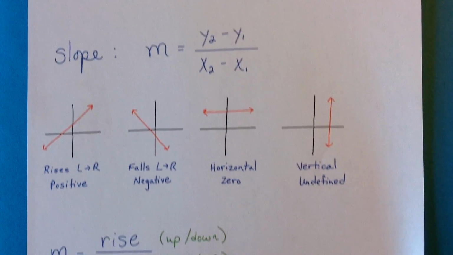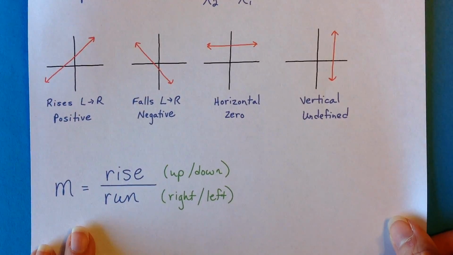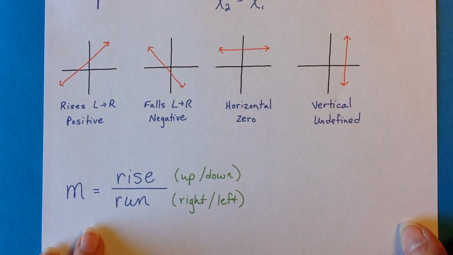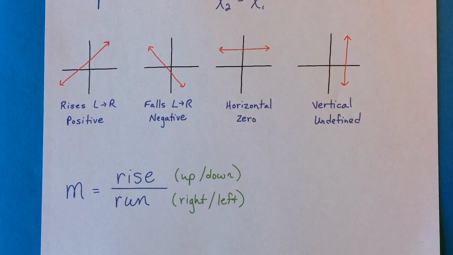Now you also think of slope as rise over run sometimes, especially when we actually start graphing these lines in a few minutes. If you refer to the rise of that line, that means how much does it go up from one point to the next point, or how much do you go down from one point to the next point.